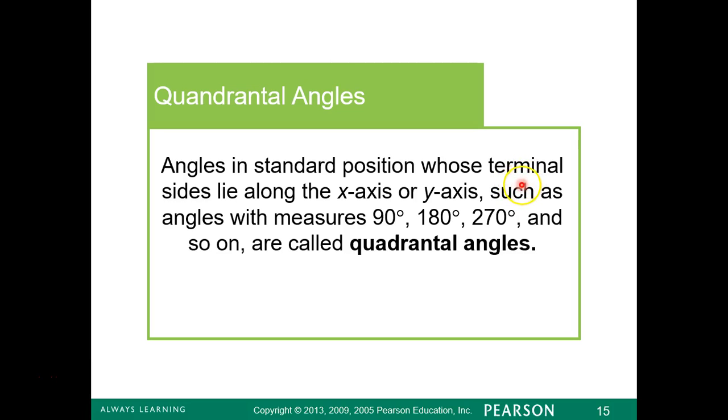So angles whose measures are 90 degrees, 180 degrees, 270 degrees, and then so on, even 360 degrees, and you can keep on going around as long as you keep going 90 degrees each time. So see, 90 plus 90 is 180. 180 plus 90 gets you 270. Add 90 to that, you get back to 360. So keep going around the XY axis. All of those angles are what you call quadrantal angles.